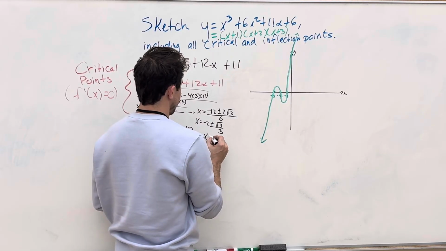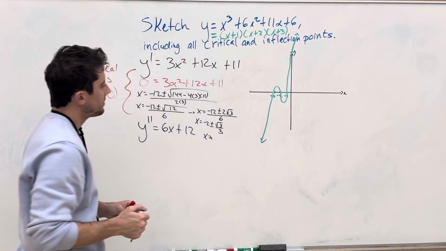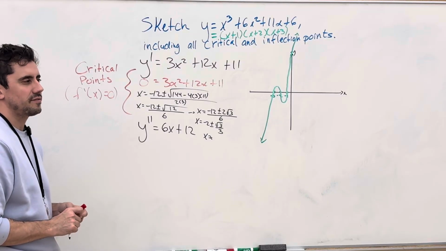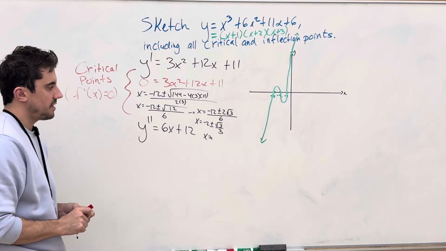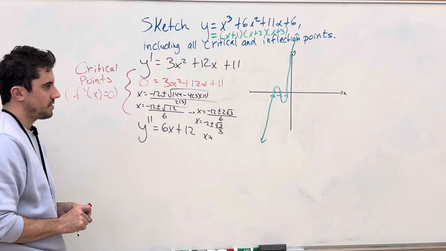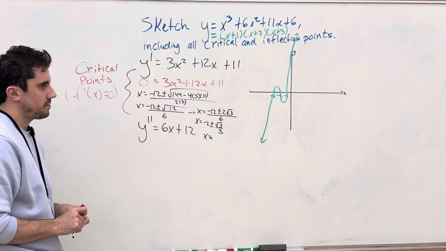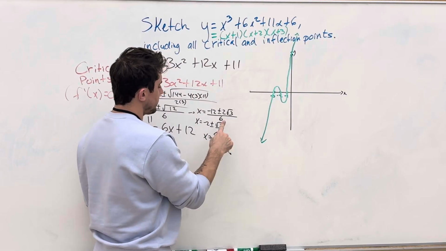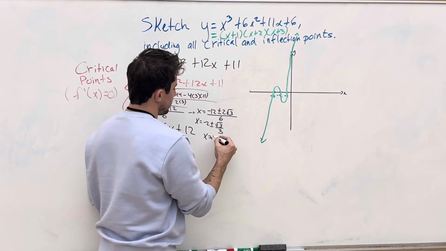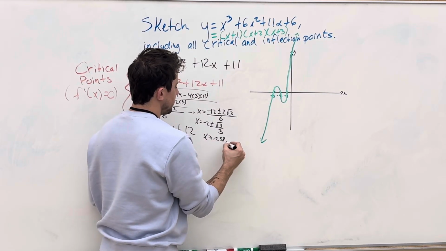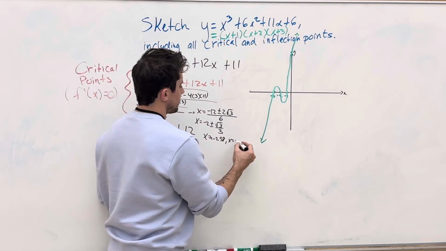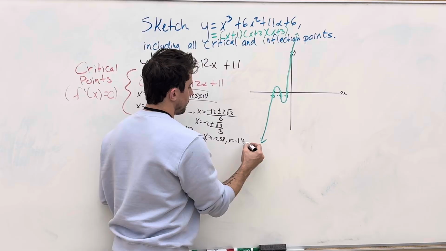And those x values are roughly, root 3 over 3 is roughly 0.58, and so -2 minus 0.58 is going to be roughly -2.58, and the other one, -2 plus roughly 0.58, is going to be at roughly -1.42.